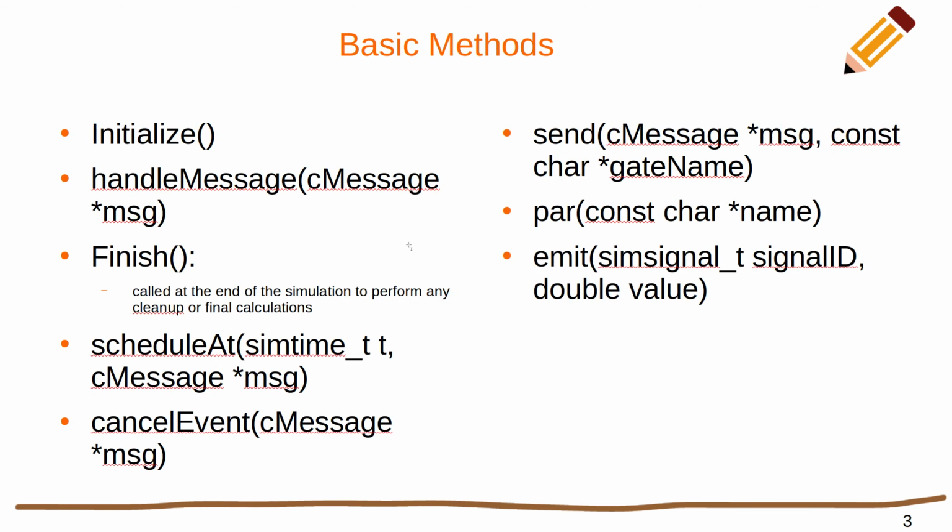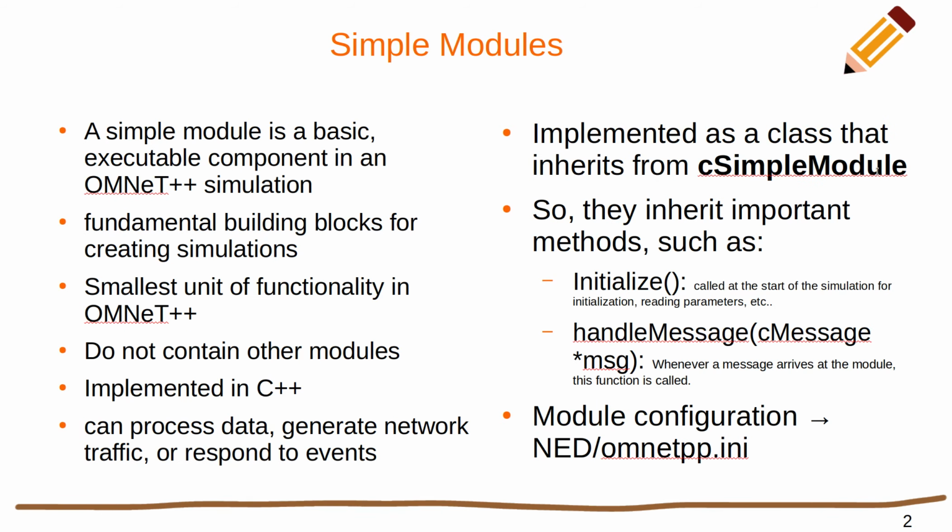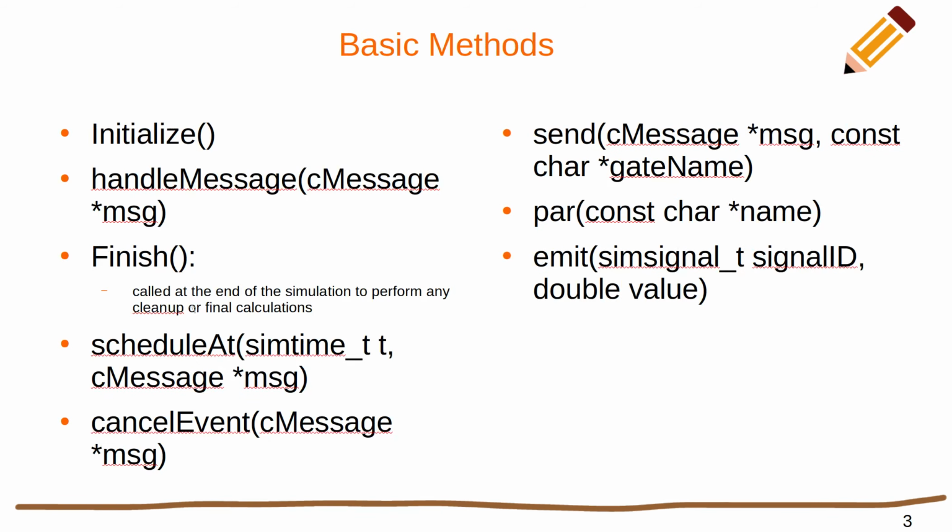Again, basic methods that are inherited from cSimpleModule are initialize and handleMessage. Finish is also a method that's called at the end of the simulation to print or write statistics to files or do any cleanup or final calculations. scheduleAt schedules an event in the future, which can be a timer or self-event or whatever. cancelEvent removes an event from the event queue.